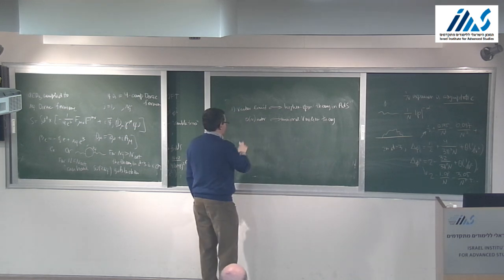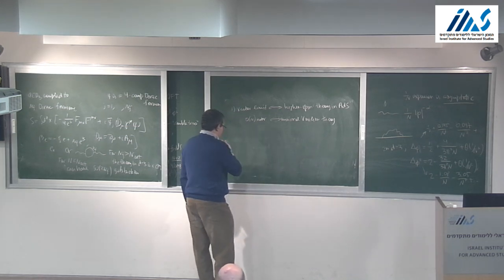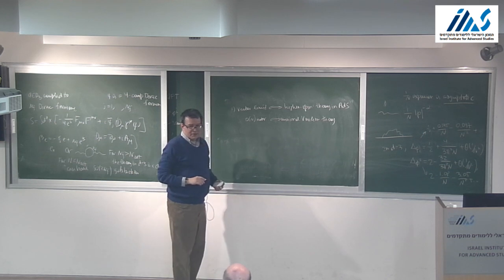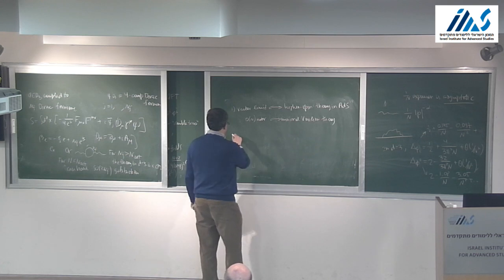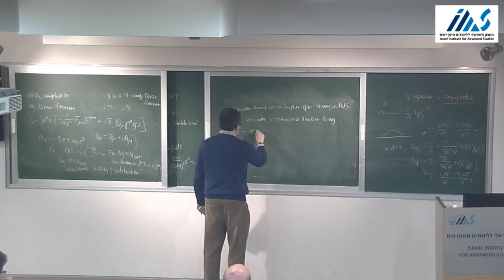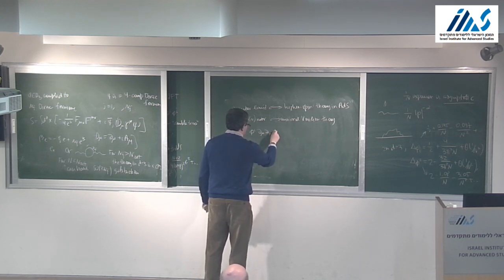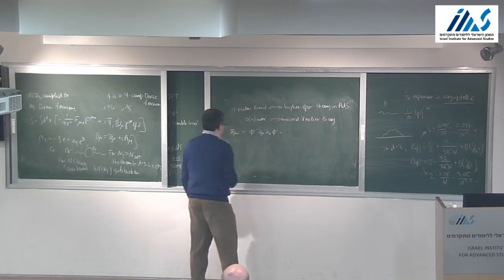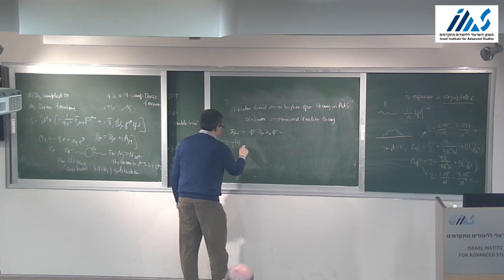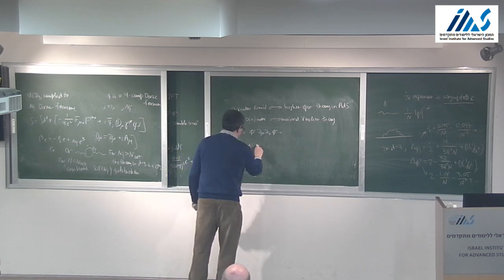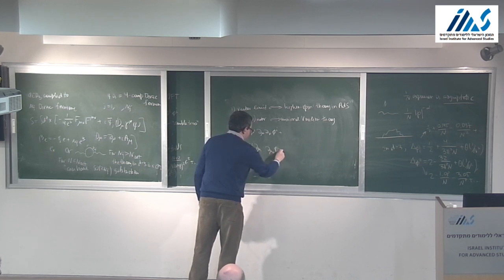It turns out that in this O(N) vector model, you can write nearly conserved currents of any even spin. The simplest one is just the stress energy tensor, T mu nu, schematically phi I d mu d nu phi I plus some terms. And then the next one will be some J4, will be phi I d mu 1 through d mu 4 phi I.